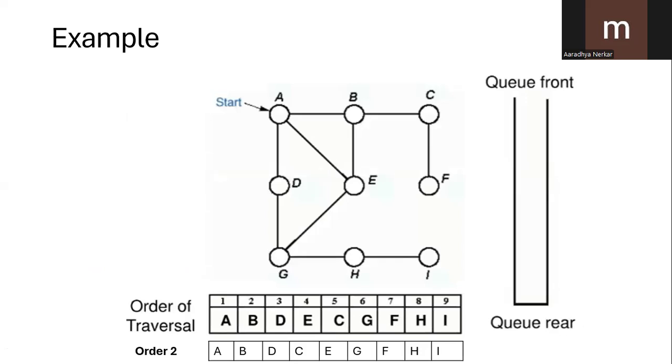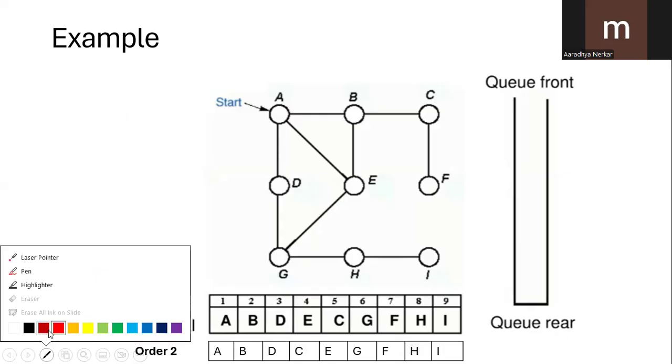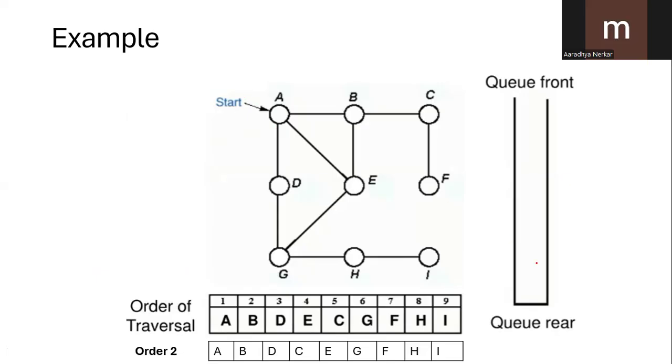Here in this particular example, first we will start exploring from the vertex A. So vertex A is enqueued first. We will mark it as a visited one. If the node is visited, it is set to 1.